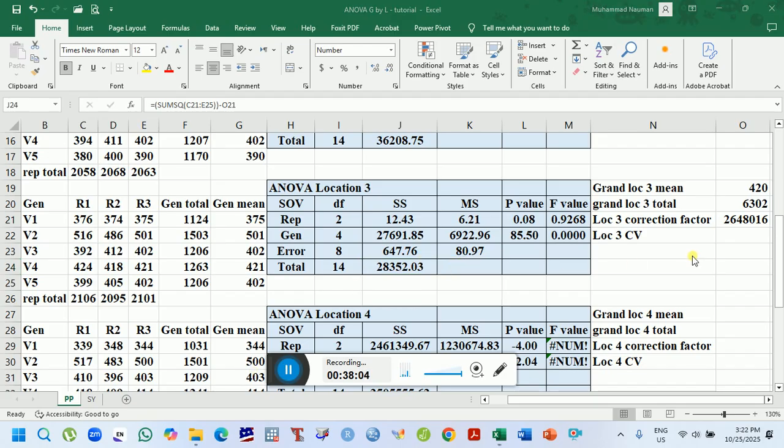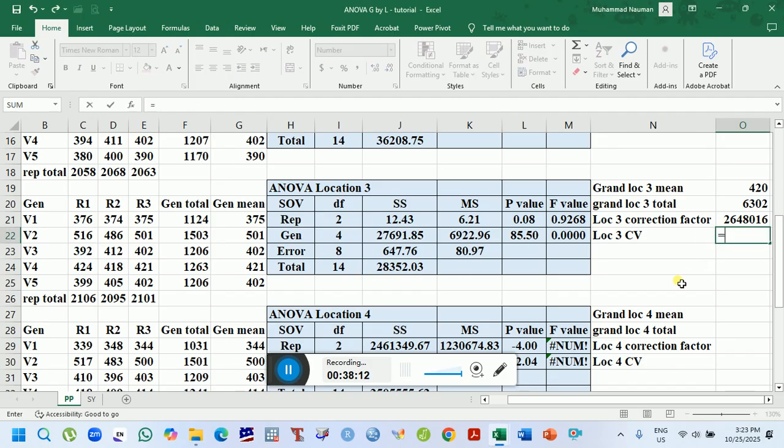Okay, and now we will calculate the coefficient of variation for this location 3 is equal to square root, SQRT. Double click on SQRT and select error mean square. This means we are taking the square root of error mean square. Close this in one bracket.